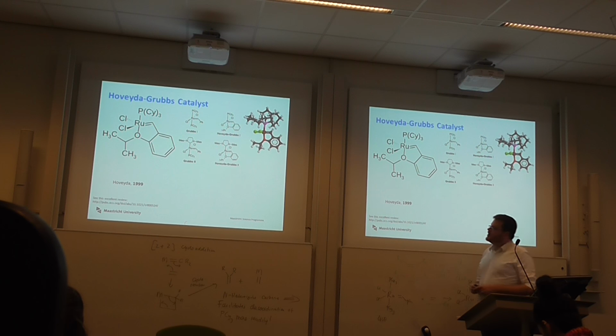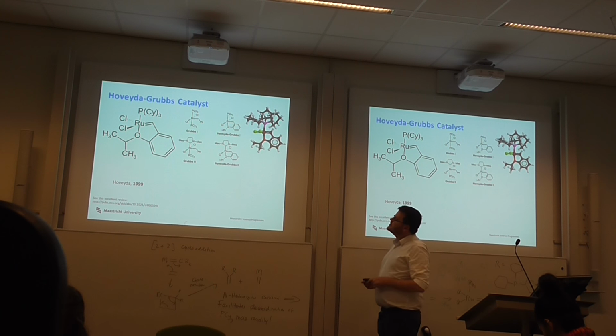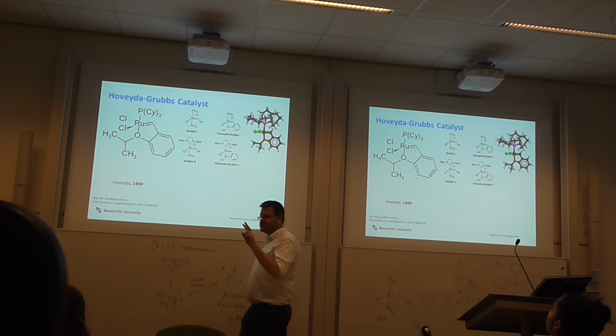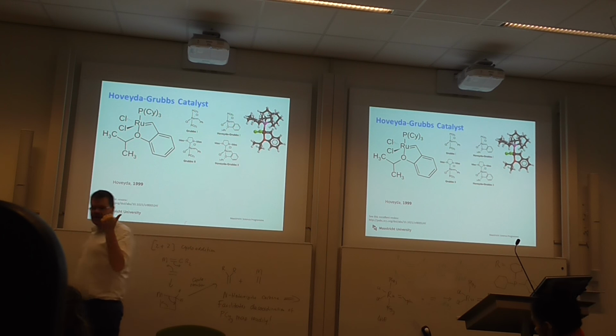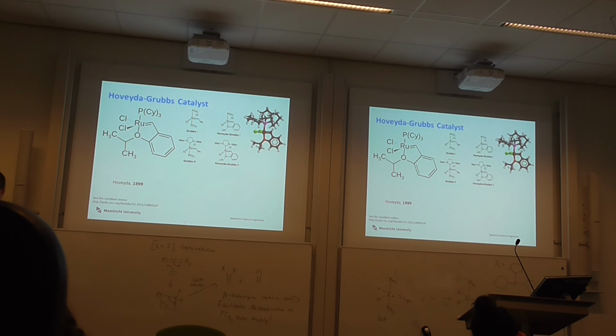There is also another catalyst, we call this the Hoveyda-Grubbs catalyst. Now this is something that Nicole said earlier. We've got two things we can change. We can change like we did in the second generation Grubbs catalyst: replace the phosphine with the N-heterocyclic carbene, which increases the sigma donor strength and therefore, as we saw with this kinetic data, the lability of that phosphine.